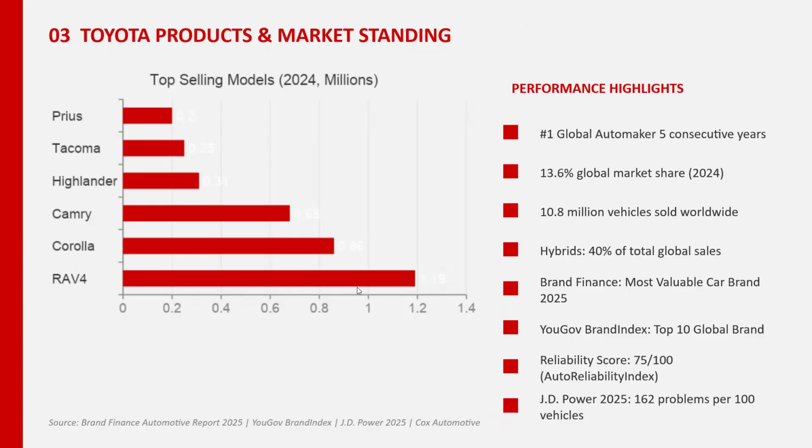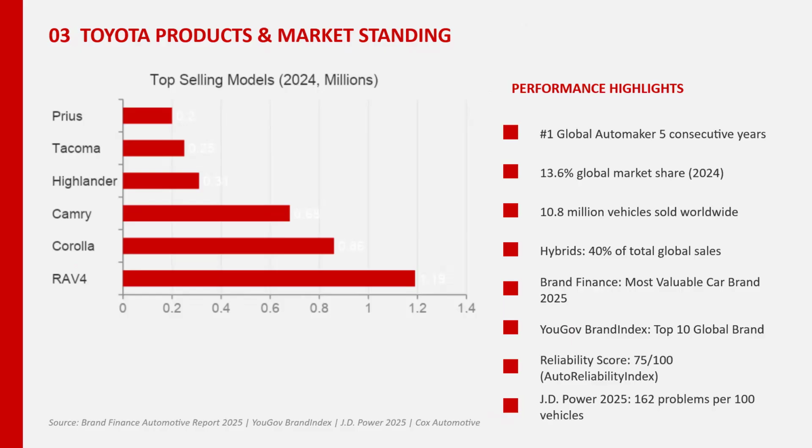That's possibly why you see a lot of them on the road now. With almost 1.19 million units sold globally, the Corolla came in third worldwide at right about 859,000 units, and the Camry added about 680,000 more. On the right side is the performance highlights, which tell an equally impressive story.